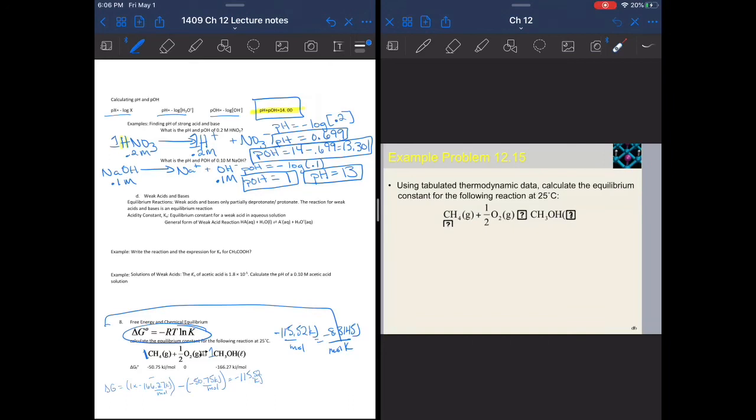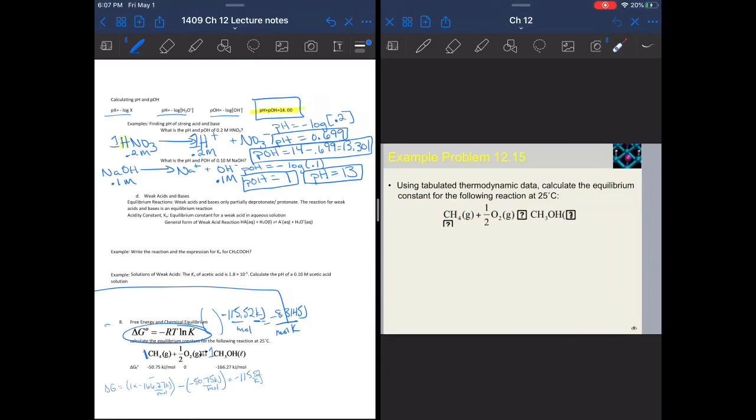You want to use the value of R that has joules in it because, of course, this has joules or kilojoules. So that reminds me, we need to do a little bit of manipulation here. There also needs to be, on one side or the other, you need to convert.